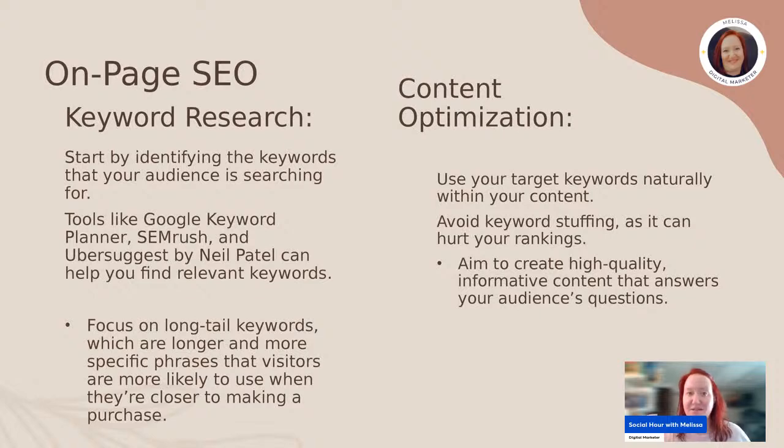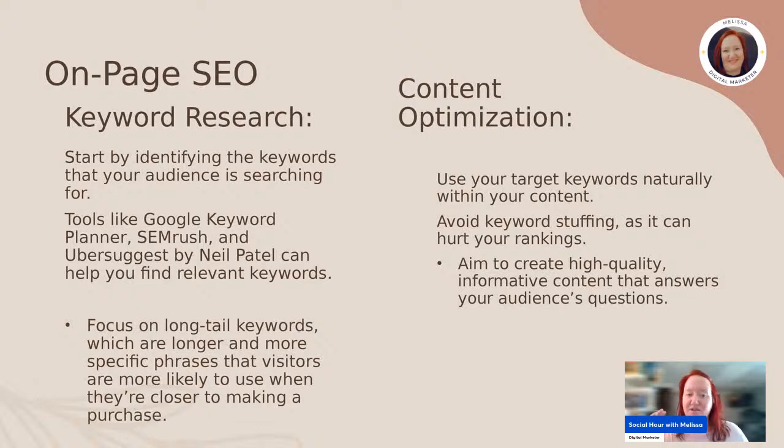It's crucial. You start by identifying those keywords that your audience is searching for. And you want to focus on the long tail keywords, which are the longer, more specific phrases that your visitors are more likely to use because they're closer to making a purchase.